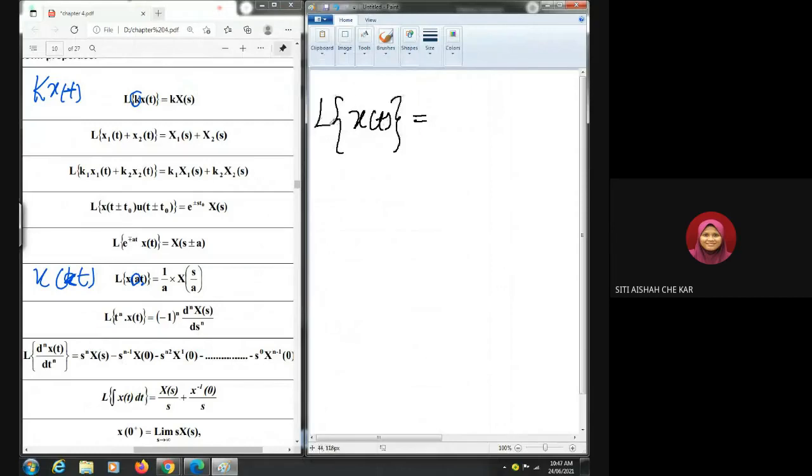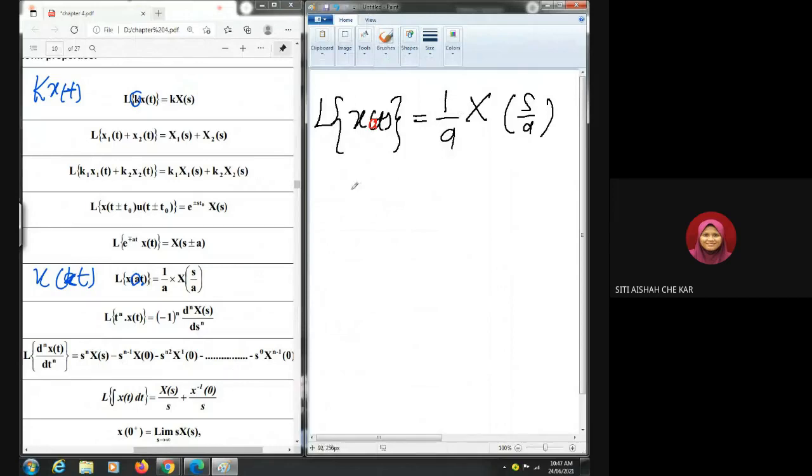When we want to Laplace x(at), that we have a scalar A, the Laplace transform becomes X(s over A) times 1 over A. Okay, I give you one example.